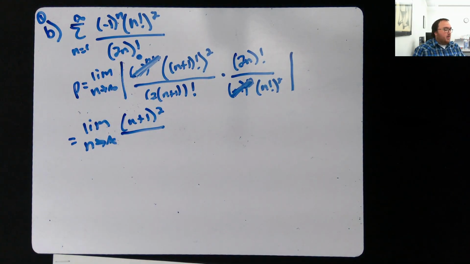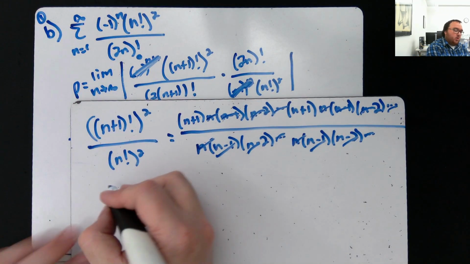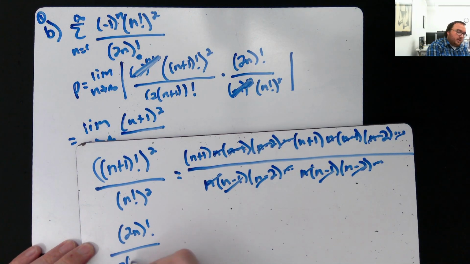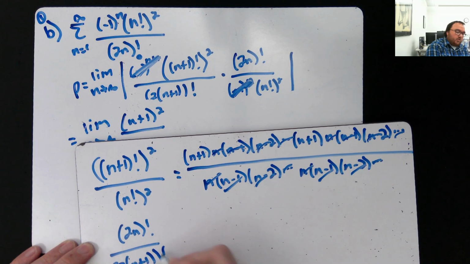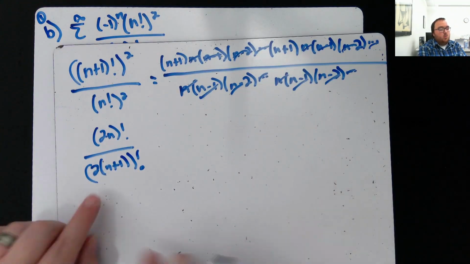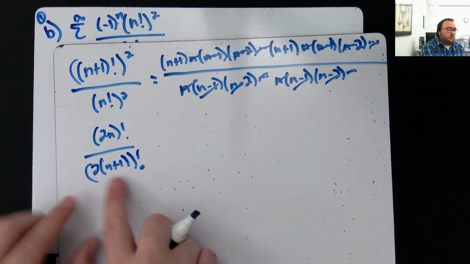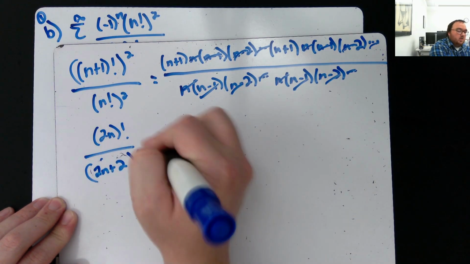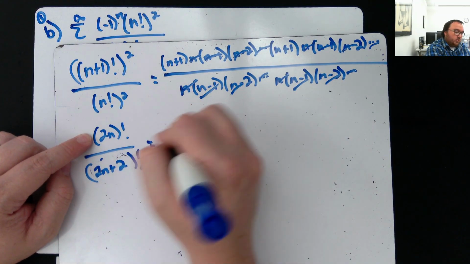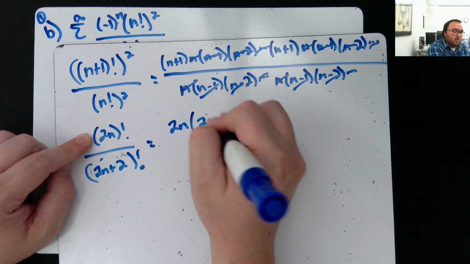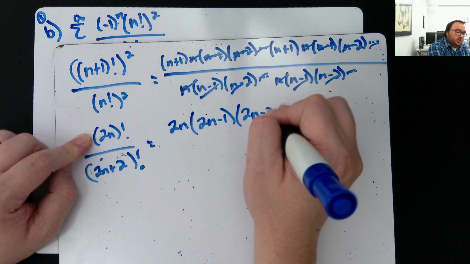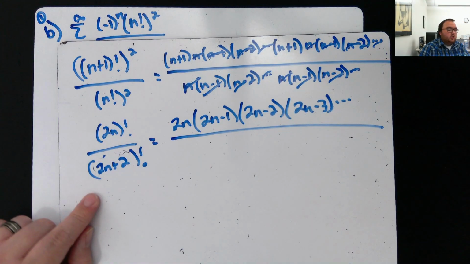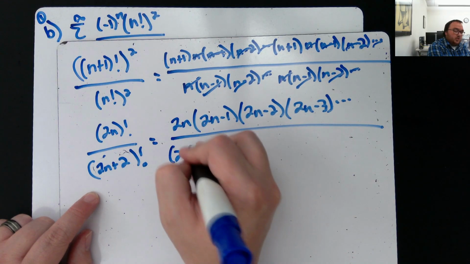Over. Now let's simplify 2n factorial over (2(n+1)) factorial. Well, 2 times the quantity (n+1) is 2n+2. So 2n factorial is going to be 2n times (2n-1) times (2n-2) times (2n-3), on and on. (2n+2) factorial, start with 2n+2.